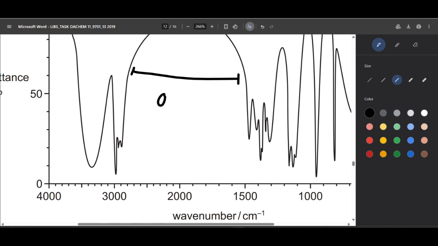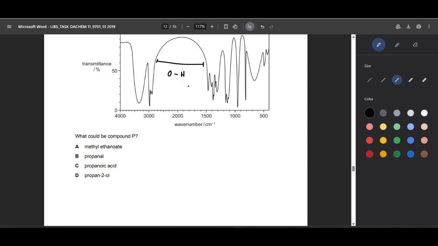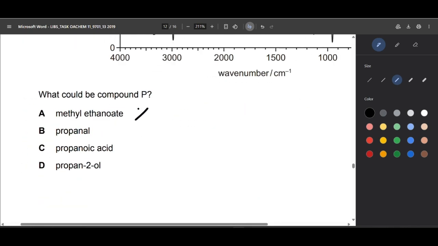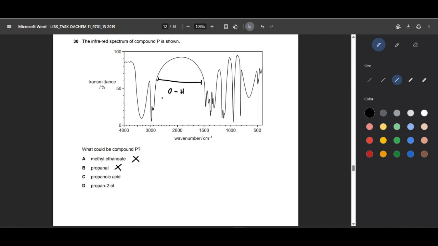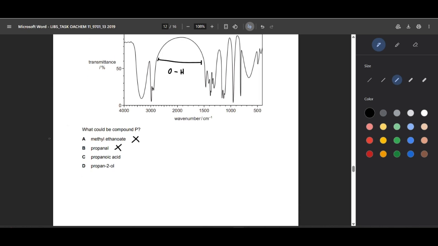It shows there is an O bonded with H. If there is O bonded with H, we should eliminate options A and B because they do not contain OH. For option C, propanoic acid, if the compound is a carboxylic acid, there should be a strong peak around 1,700 centimeter minus 1. However, the spectrum does not show the characteristic strong peak around 1,700 centimeter minus 1. So the answer is D, propan-2-ol.